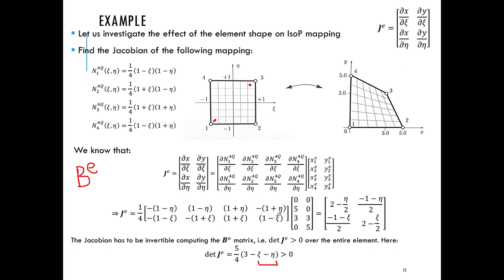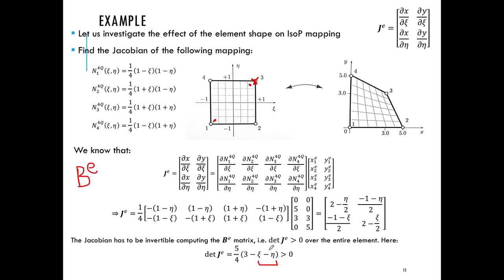Now I just want to look at some of the extreme values. For example, when psi and eta are both +1, right here, that basically means 3 minus 1 minus 1, which just leads to 1. So even then my determinant does exist and is greater than 0.